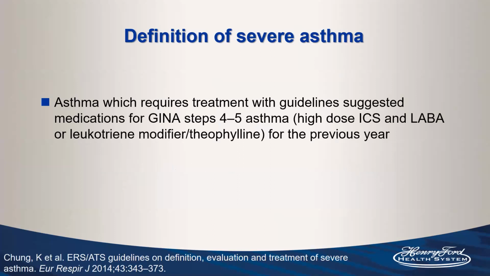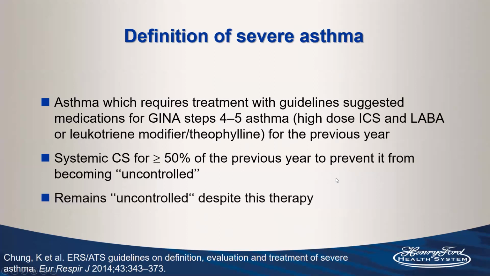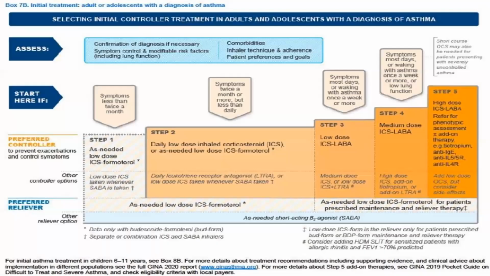Any asthma that requires treatment with guideline-suggested medications, steps 4 and 5 in GINA, which is high-dose ICS and LABA, leukotriene modifier, theophylline for the previous year, systemic corticosteroids over 50% of the previous year to prevent it from becoming uncontrolled. And despite everything, it remains uncontrolled. So that is a very severe asthma definition, okay? And those are steps 4 and 5 in the GINA recommendations.